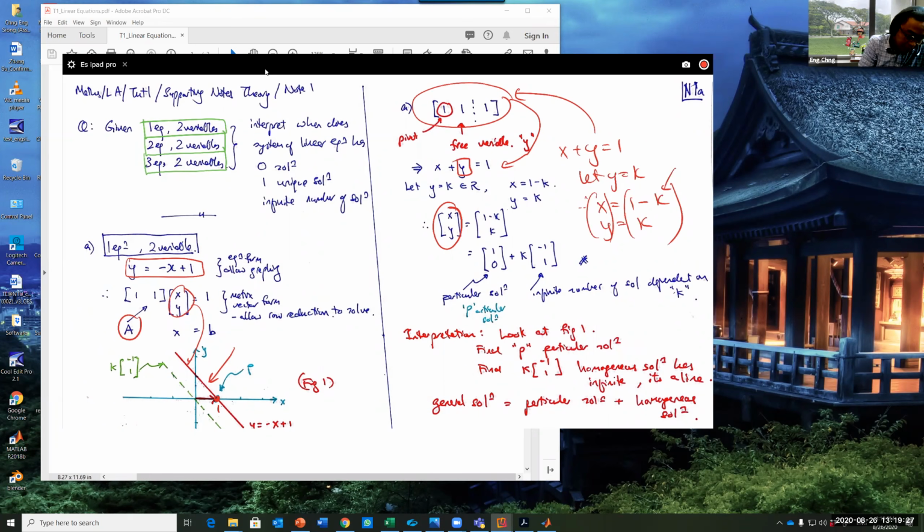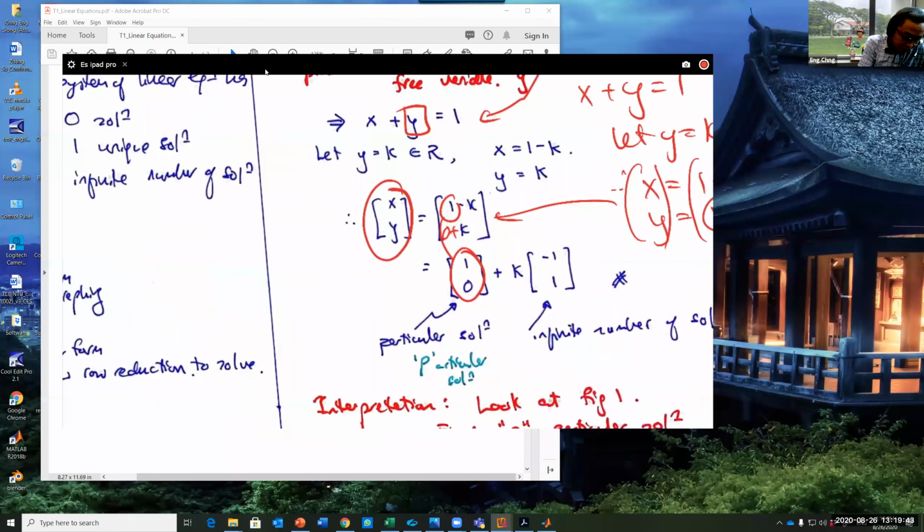We put it here. And then we don't like it in this form. We like it in parametric form, meaning that we want to put the multiplier on one side. So we take 1, 0 here, because this is actually 0 plus k. And we take the other part out, which is k multiplied by minus 1 for x and 1 for y.